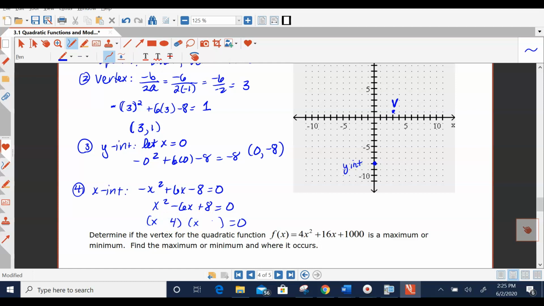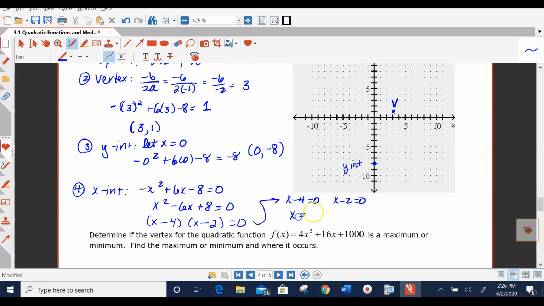But to get an 8, I could multiply 4 times 2. If they're both negative, they multiply to a positive 8. And if they're both negative, they add up to a negative 6x. So it does factor. And remember, once it's factored, you set each factor to 0.